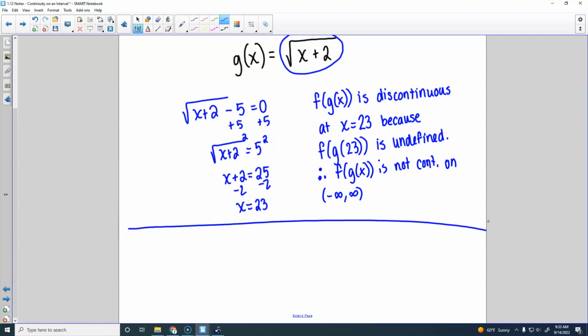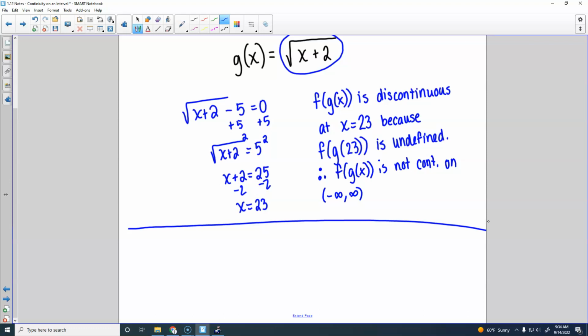This would be sufficient to answer this question, because if there's even 1 point where this function is not continuous, we can't say it's continuous on that interval. We have shown 1 point where it's not continuous, so we've shown that f of g of x is not continuous on that interval. This would be enough to answer the question that has been asked.